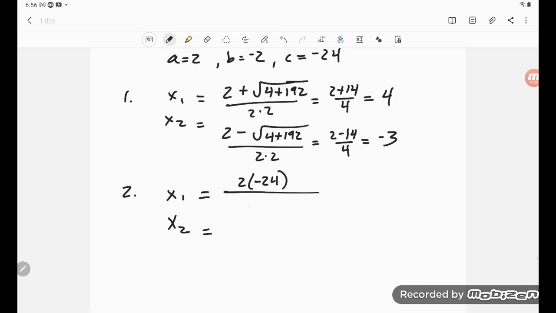So we'll get 2 minus the square root of 4 plus 192. And so this is negative 48 over negative 12. And so notice, we get 4. It's that same x1 if we use the minus here instead of the plus.